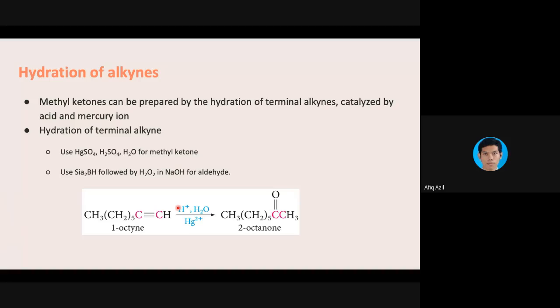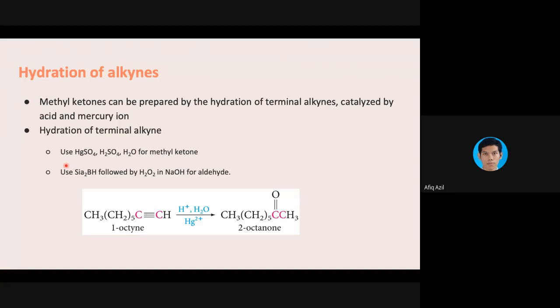The second way is through the hydration of alkyne. Methyl ketones can be prepared by the hydration of terminal alkynes, which is catalyzed by acid and mercury ion. Hydration of terminal alkyne will use mercury sulfate, HgSO4, sulfuric acid, and water for methyl ketone.